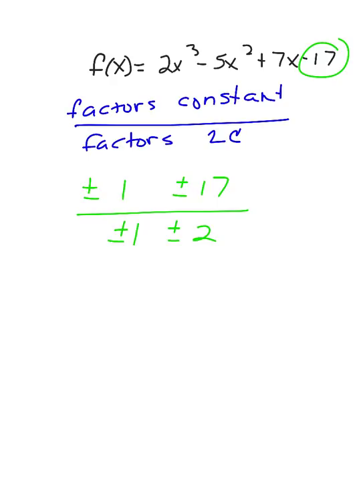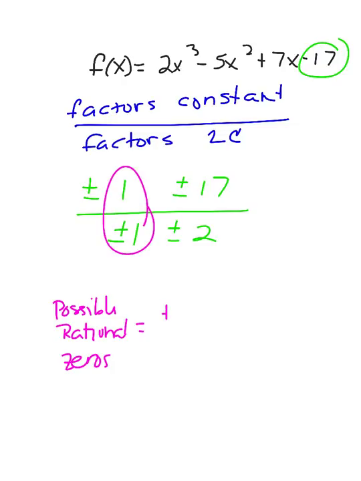All right, so my possible rational zeros are the combinations, your division here. Plus minus 1 divided by plus minus 1 is plus minus 1. Plus minus 1 divided by plus minus 2 is plus minus 1/2.